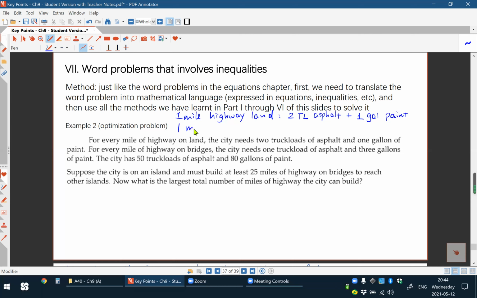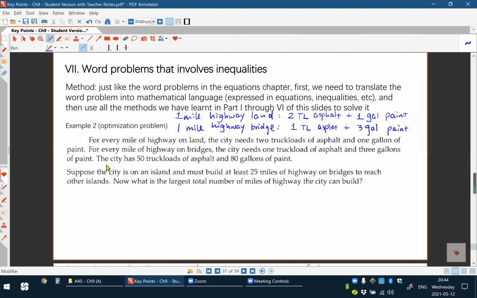And for 1 mile of highway on bridges, we need 1 truckload of asphalt plus 3 gallons of paint, right? This is the given information.